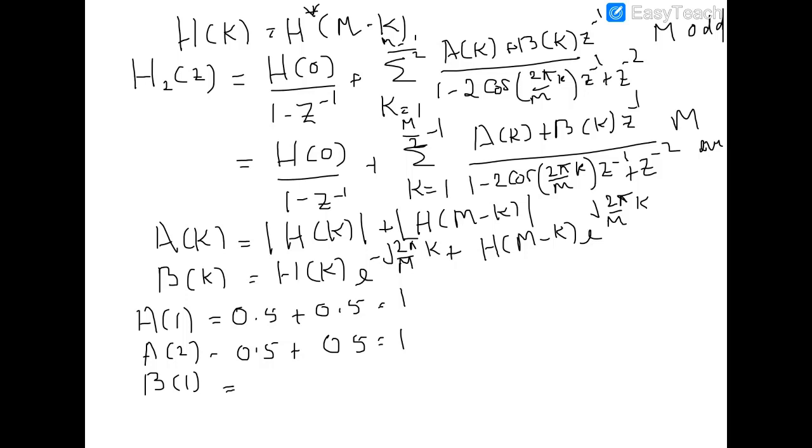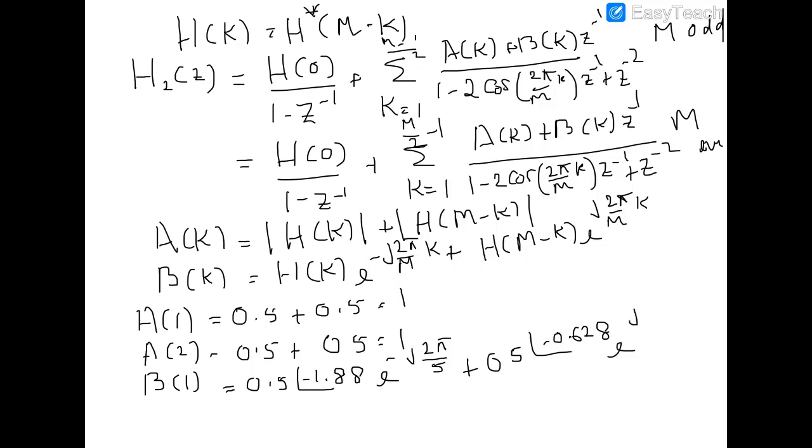Whereas b of 1 is equal to h of 1, and h of 1 is given by the value 0.5 minus 1.88 e to the power minus j 2 pi by 5 into 1, plus it is h of m minus k, so h of 4 is given by 0.5 minus 0.628 e to the power plus j 2 pi by 5 into 1.